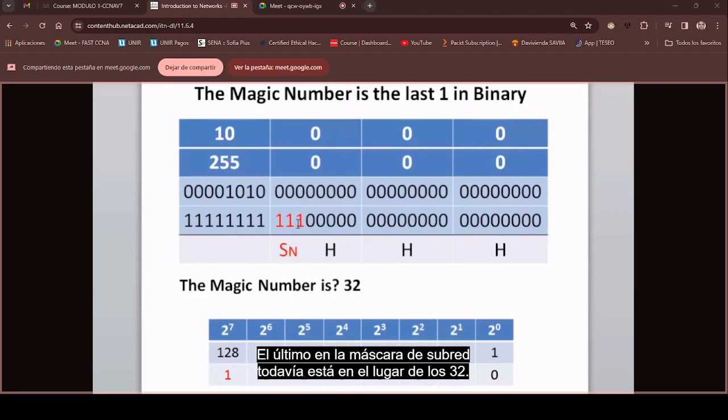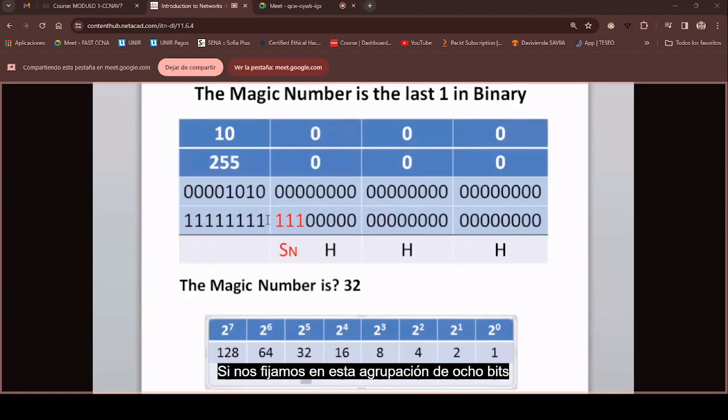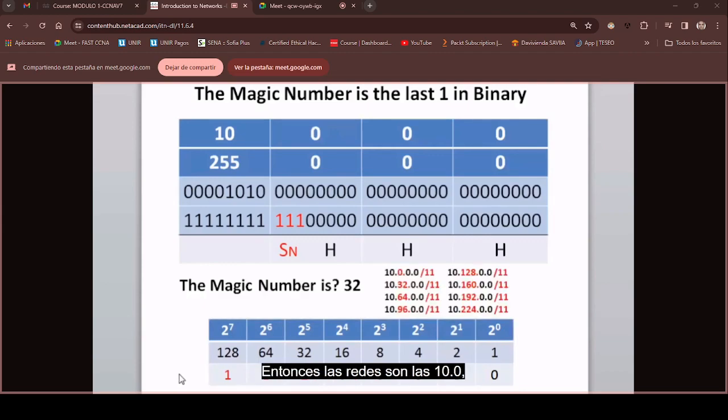The last one in the subnet mask is still in the 32's place. If we look at this 8-bit grouping in this octet right here, the last one is still in the 32's place. So the networks will go up by 32. So the networks are the 10.0, 32, 64, 96, and they're going up by 32, but in the second octet.